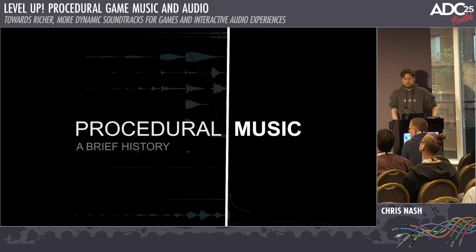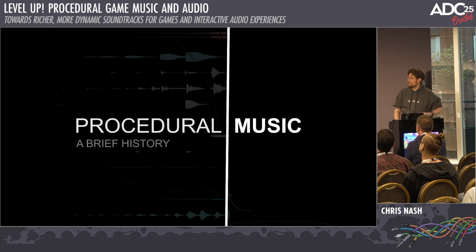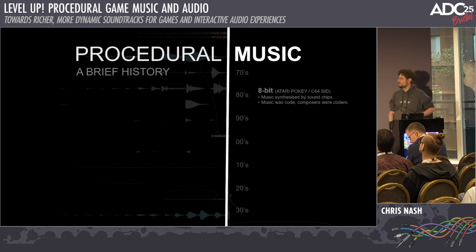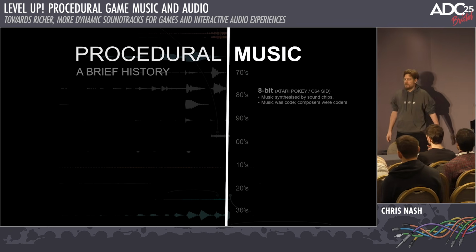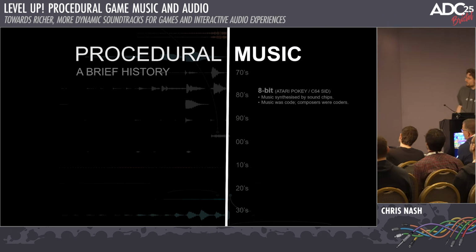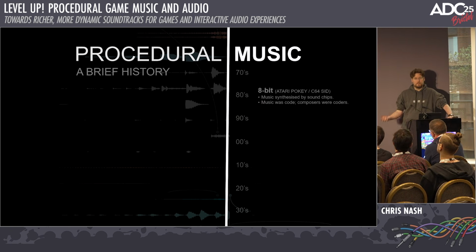Let's now focus on procedural music. A brief history. It started pretty good, actually. In the 8-bit era, the 70s and 80s, computers were so crap they couldn't use samples, and everything had to be ridiculously efficient. So the music was run by sound chips on the device, and the tools for the job were development tools.